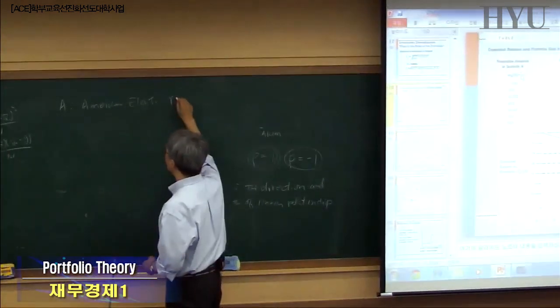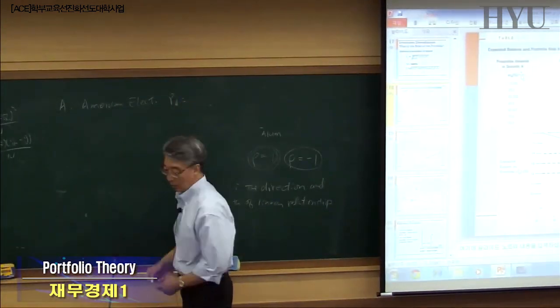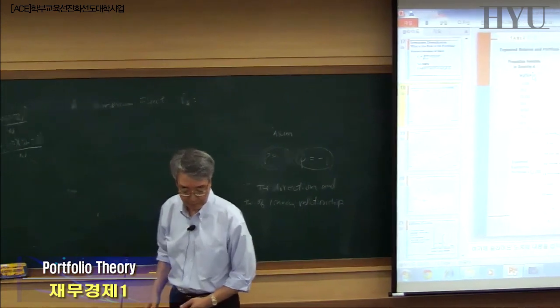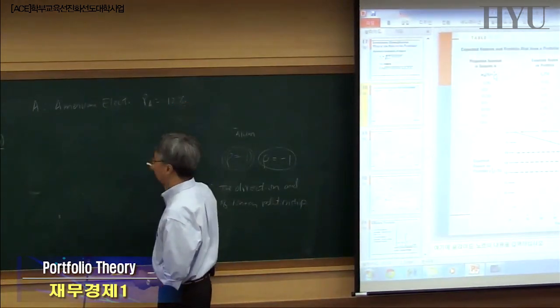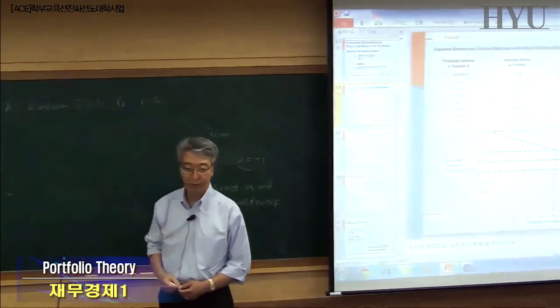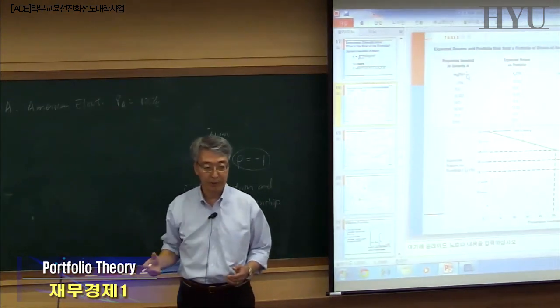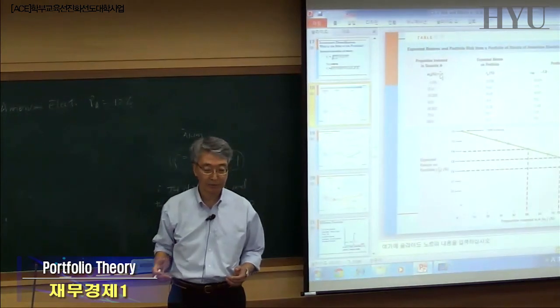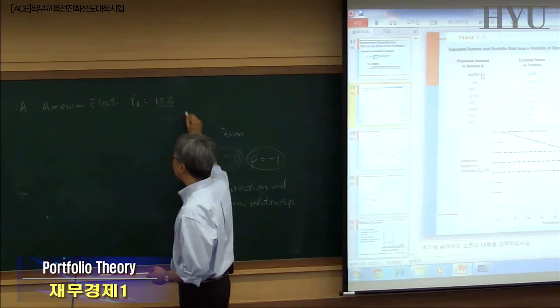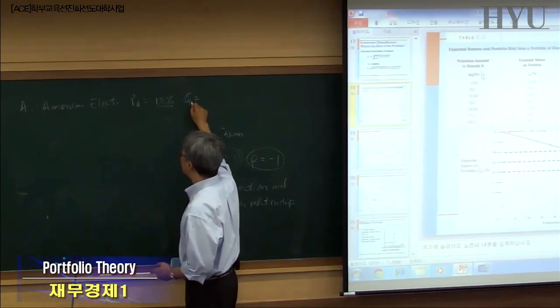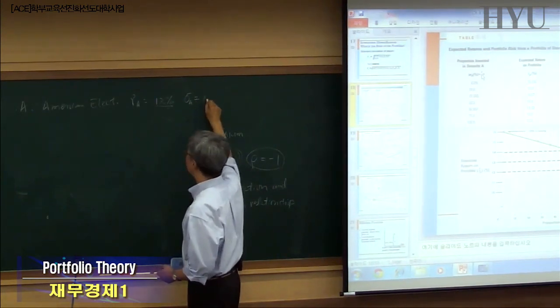Okay? And according to the story, the return on A was, I believe, 12%. In other words, if you put your entire money into this particular stock, American Electric Utility Company, you could expect 12% return, right? And sigma was, I believe, 10%.